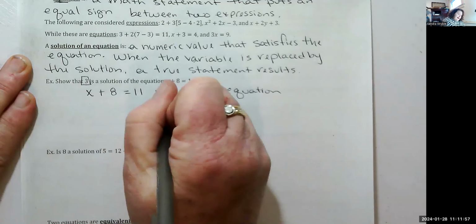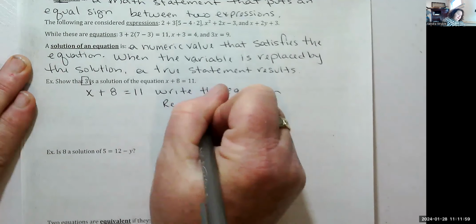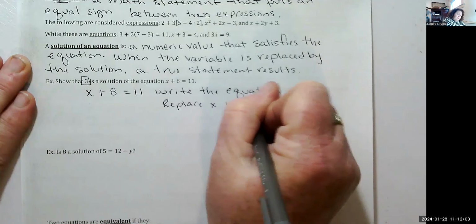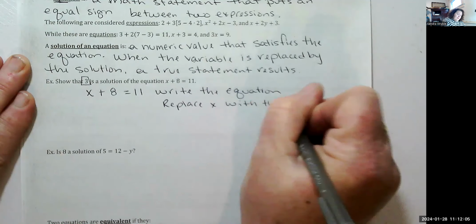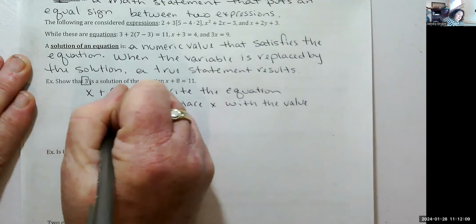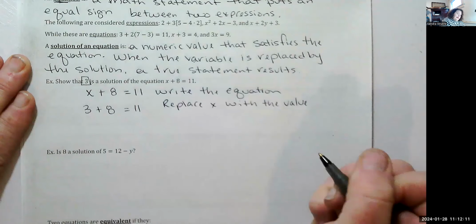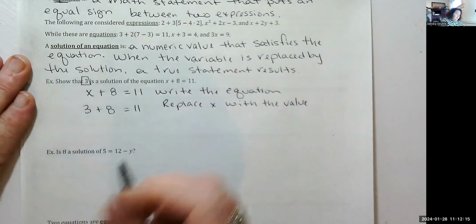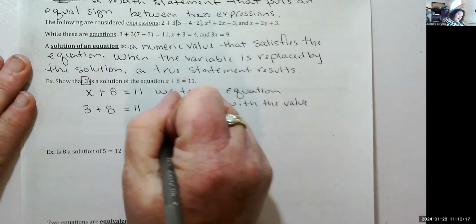So I replace x with the value. So 3 plus 8 equals 11. And now I simplify both sides.